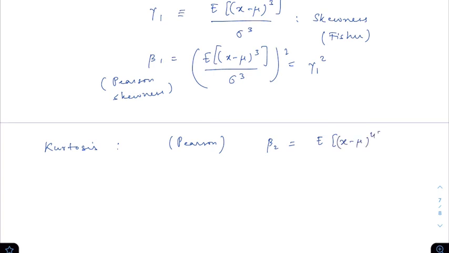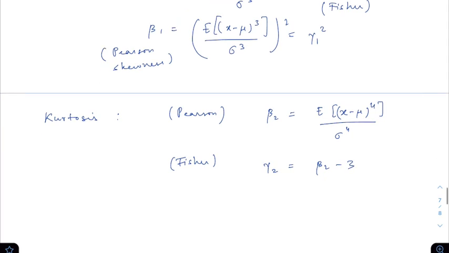Alternatively, there is this Fisher definition, which is simply beta 2 minus 3. Because of this minus 3, gamma 2 comes out to be 0 for Gaussian distributions. And that's why this is the popularly used definition.